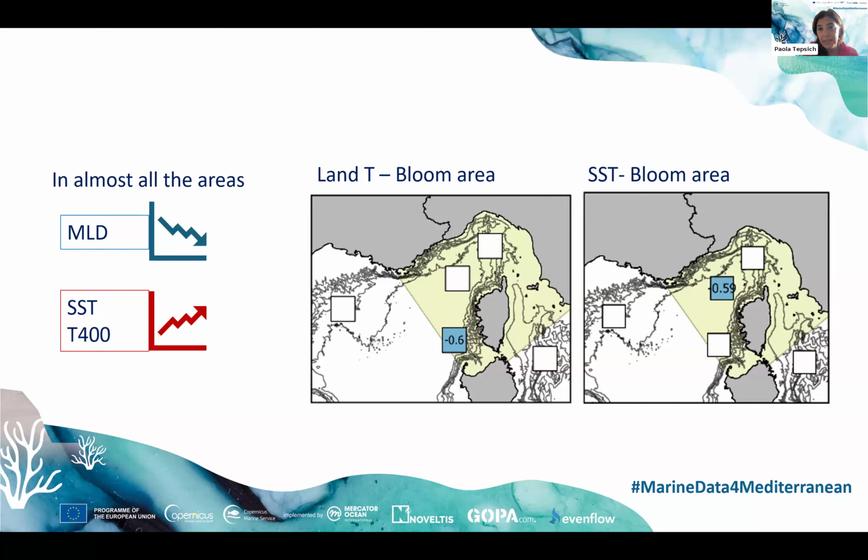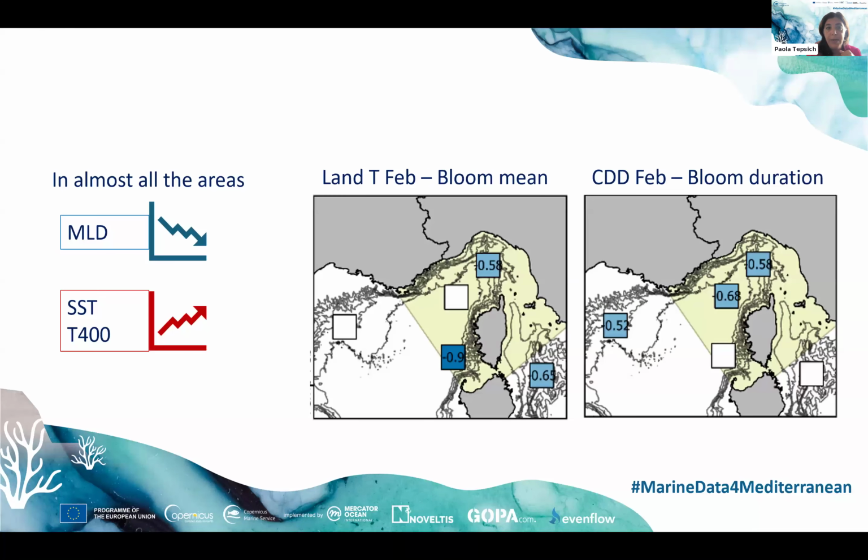So an increase in sea surface temperature is correlated with a negative trend for the blooming area, as well as for the mean and duration, where land temperature and consecutive number of dry days are having a negative effect on the mean and the duration of the blooming period.